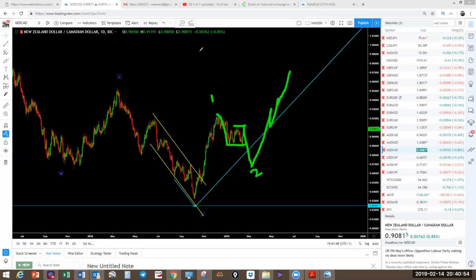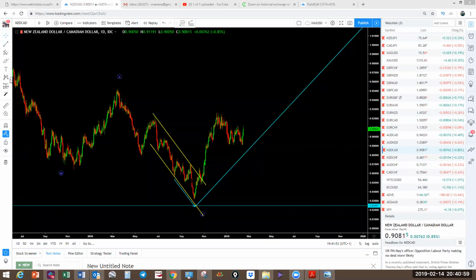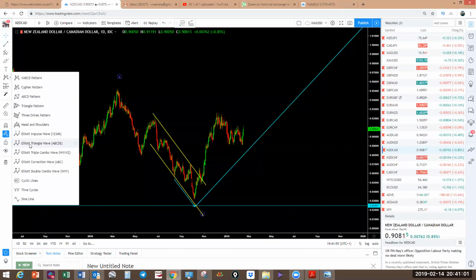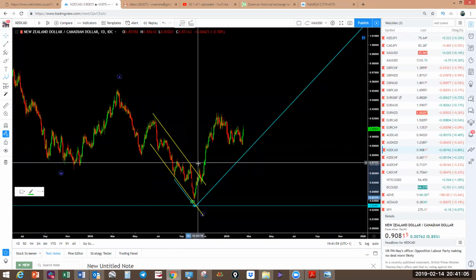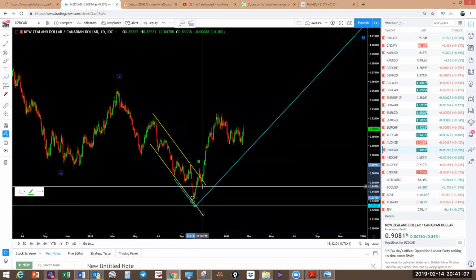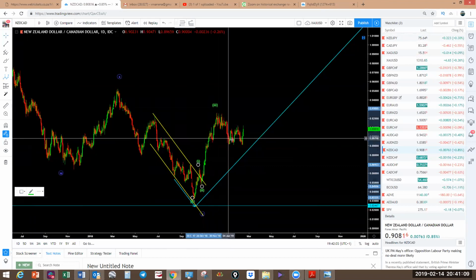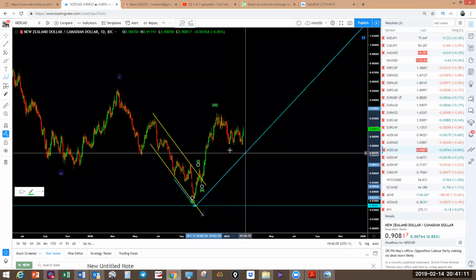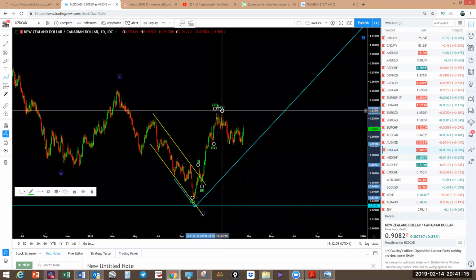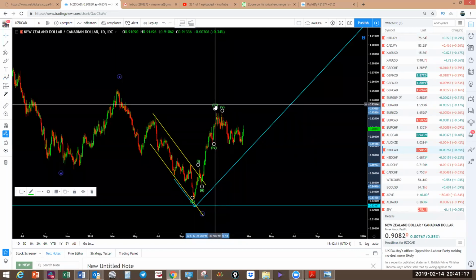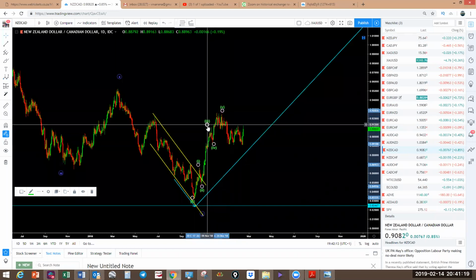Now to go further and further is to just keep downgrading the time frames and labeling all the swings according to the structures that we have learned. 1, 2, 3. Sorry, should have been a 4 here, the 5, and the 3 being here.